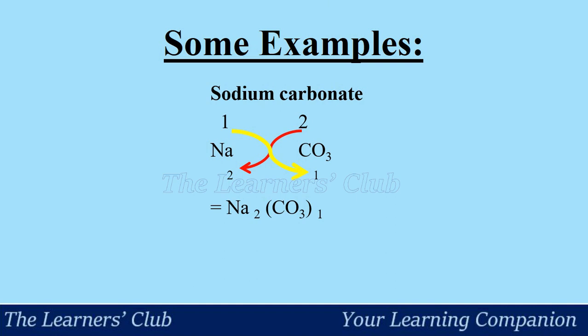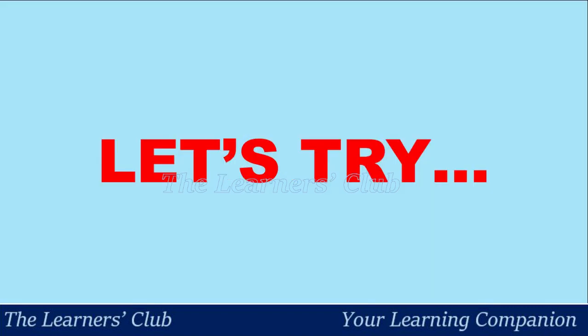So Na2 bracket open, CO3 bracket close, and outside the bracket you have to write 1, the exchanged valency. And again 1 doesn't have the meaning, that's why you can avoid this 1 in the next step. And as you remove 1, the bracket has no meaning, that's why directly you can write Na2CO3 as the final formula for sodium carbonate. I hope that you have done these all correctly.